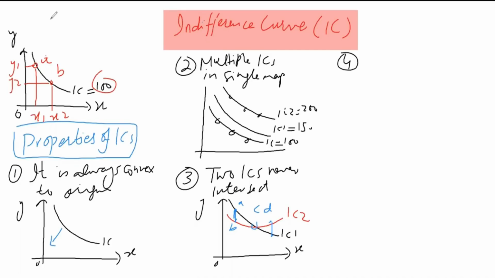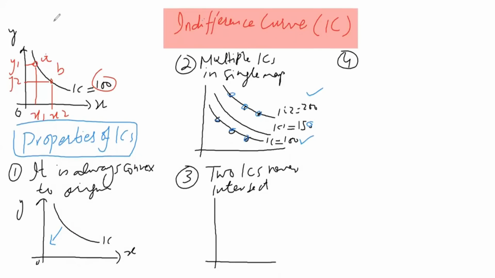The top left hand side graph is the indifference curve, which shows that if the consumer purchases at combination A or at combination B, he gets the same level of satisfaction, that is 100 units. The word indifference means it makes no difference for the consumer whether to purchase X or Y, he gets exactly the same level of satisfaction. So combination A or combination B both will give 100 units of satisfaction to the consumer.